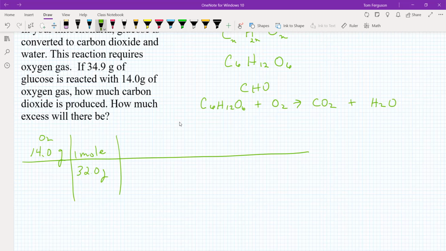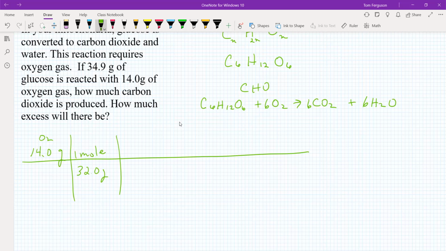So is it balanced as written? No, far from it. So we have 12, 18. Yeah, it's balanced now.